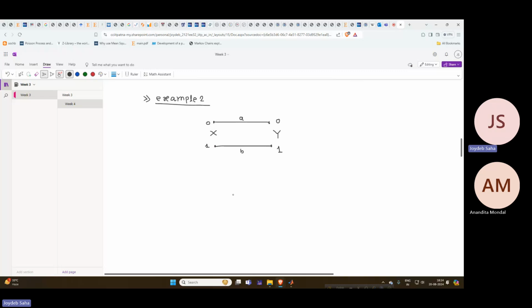The channel input symbol is X and it may have two states, either 0 or 1, because it is binary, and similarly the output is Y and it may be 0 or 1.